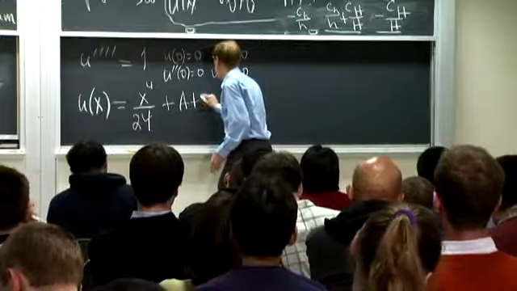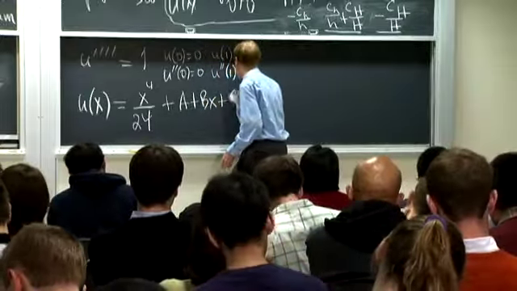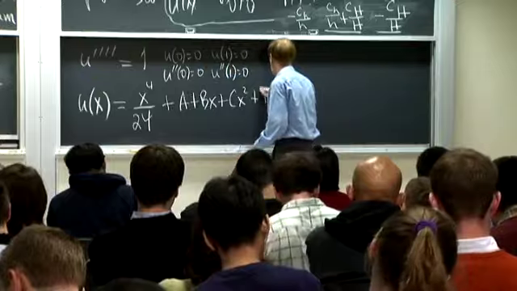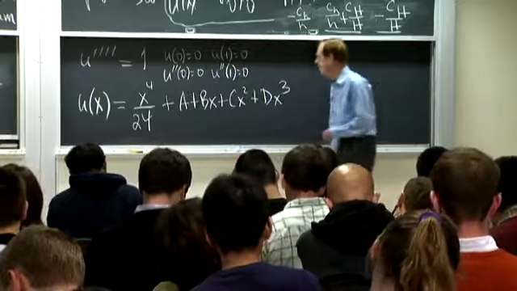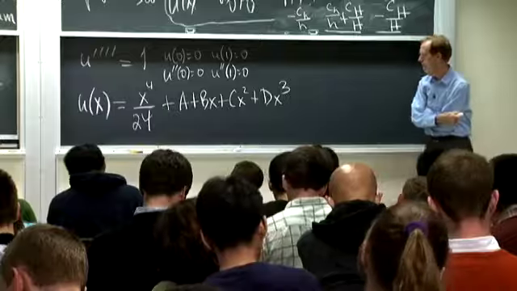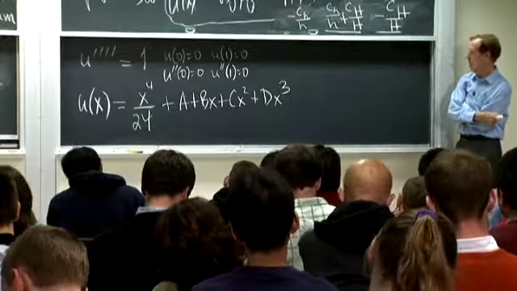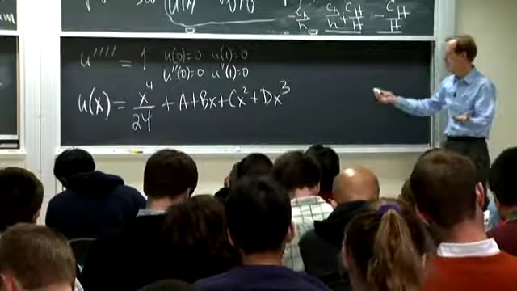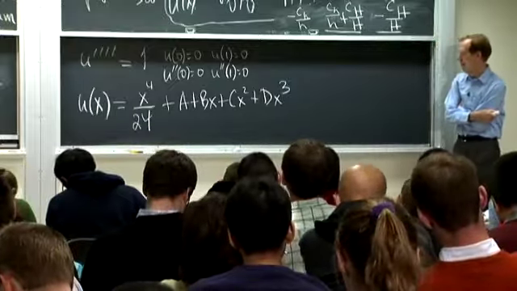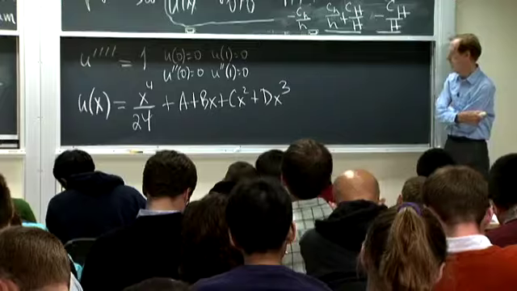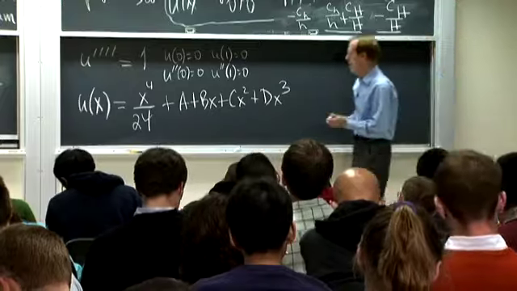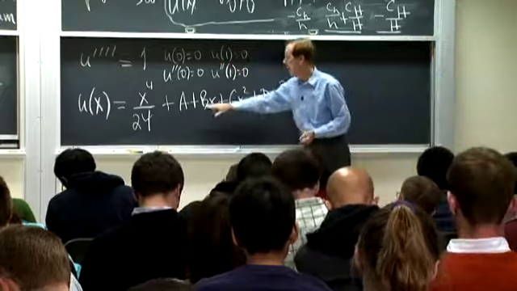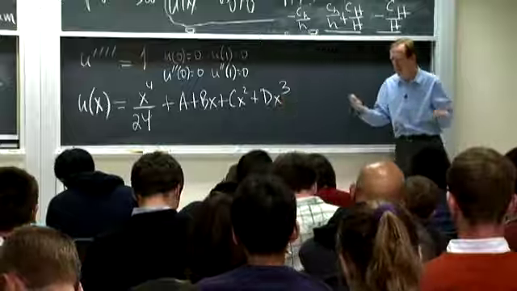A plus bx plus cx squared plus dx cubed, because all of those have 4th derivative equal to 0. So that's the general solution. Whatever the boundary conditions are, they determine A, B, C, D.